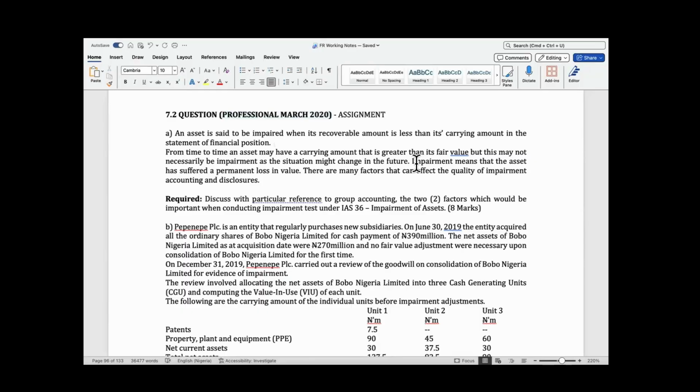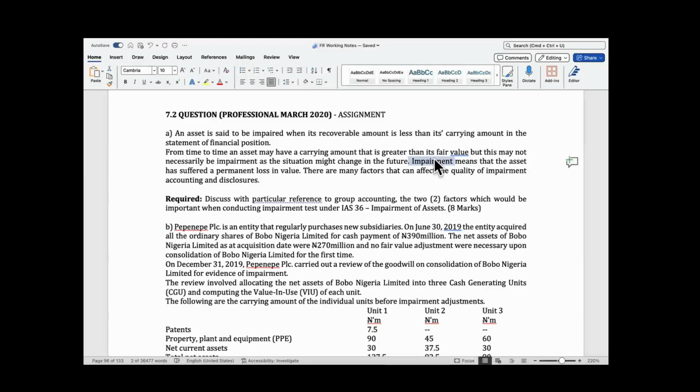Yes. But that's not impairment. That's more like a valuation deficit. And I said, but impairment means that the asset has suffered a permanent loss in value. The asset has suffered a permanent loss in value.